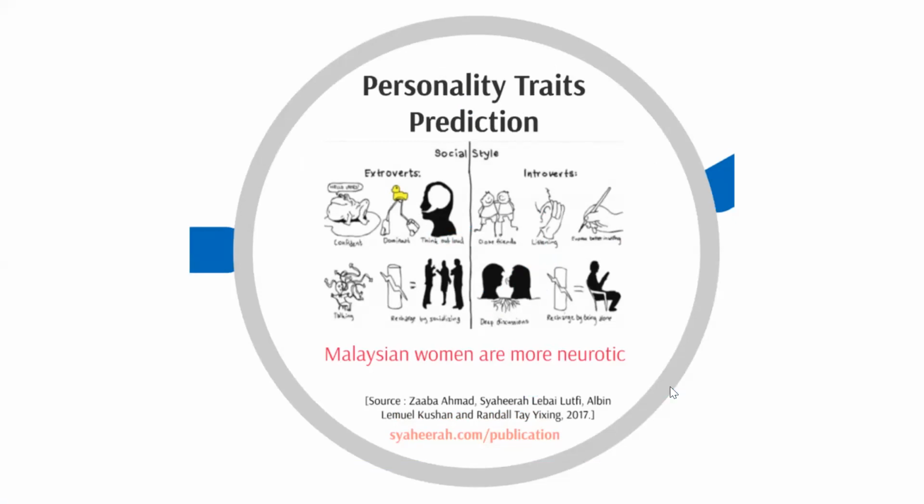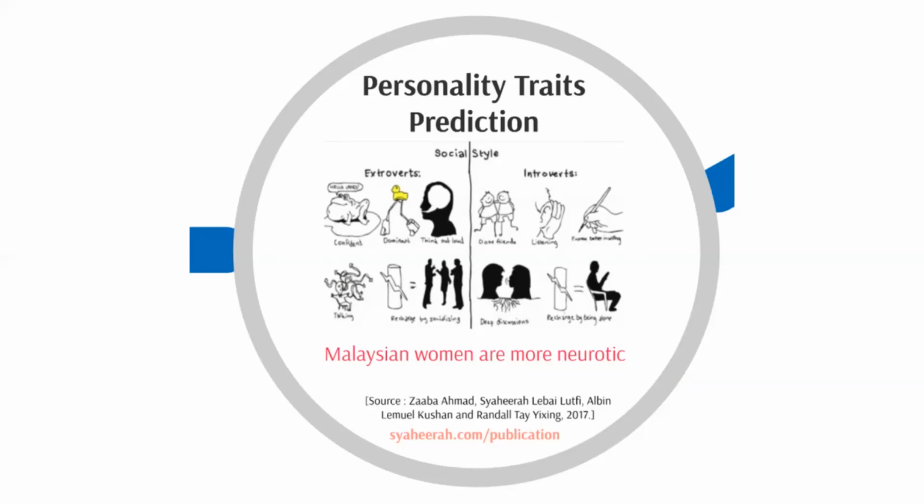We used a tool, I forgot the name of the tool actually, it was so long ago, that could map personality traits on the fly by looking at the words. So we used certain word mapping from this psychometrics tool. And what we found out is that Malaysian women are more neurotic. I'm sorry, but this is not what I say. This is the finding from the data.